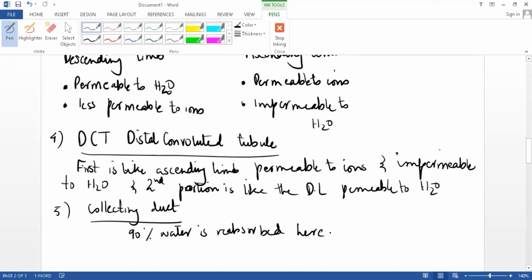Both the cells of the DCT and the collecting duct are controlled by antidiuretic hormone. 90% of the water is absorbed over here, and it is permeable to both water and ions.